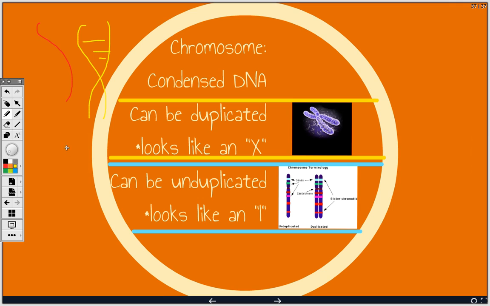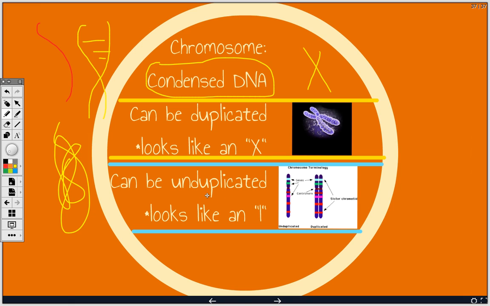DNA is really long, and a chromosome is condensed DNA, that long strand of DNA condensed and put into a big X, just like that. That's how we represent our normal chromosomes. It can be duplicated, and again, it looks like an X. It can also be unduplicated, and in that case, it would just be one of those halves, a chromosome that's not duplicated.